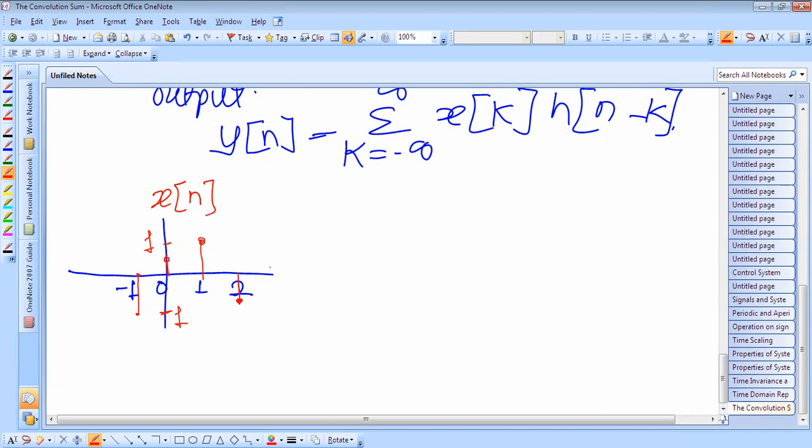Now the impulse response of the linear time system is shown like this. For 0, it is a half.